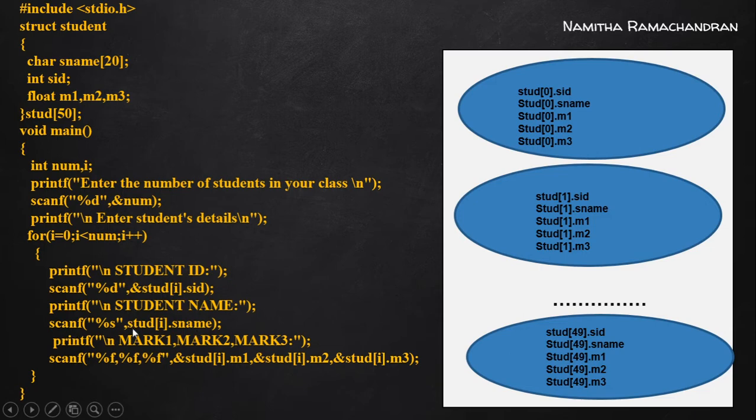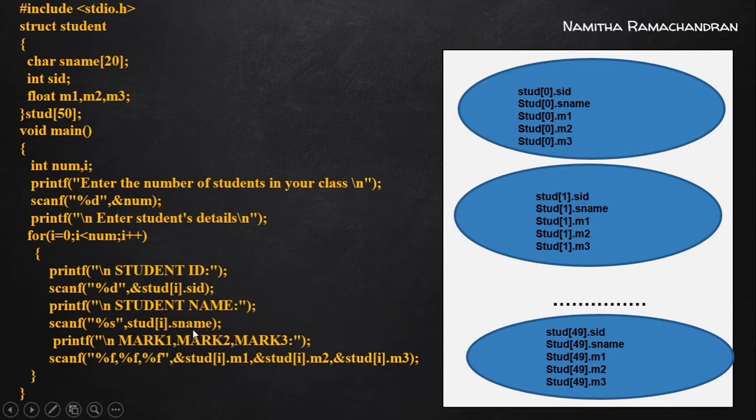We don't want to specify the address because the name of the character array always indicates the starting address of our array. So the name itself indicates the starting address of the array, and we don't want to use the ampersand symbol here. Simply use the name. That is why stud of 0.sname.